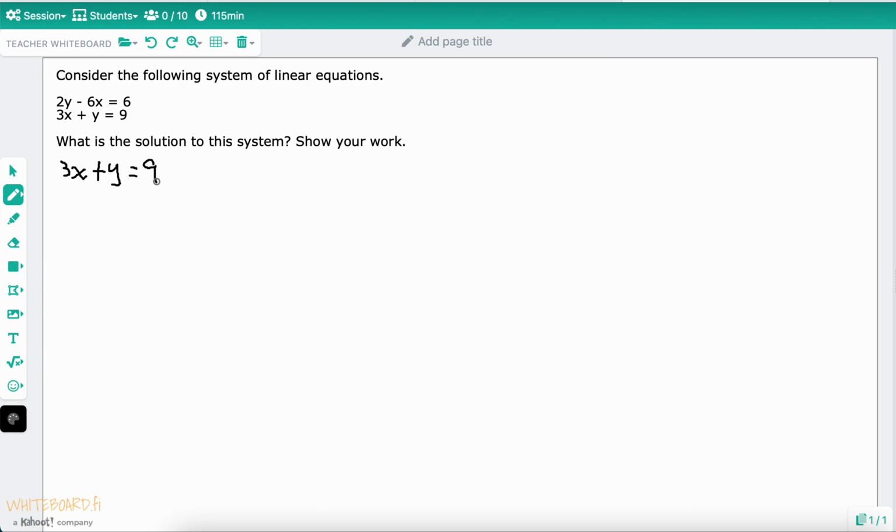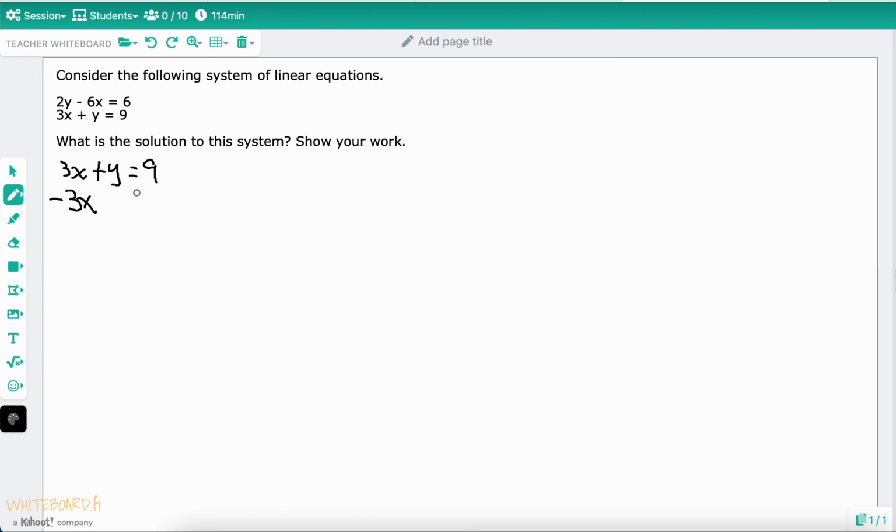So what I want to do is isolate y, which means just solve for y. Looking at this 3x right here, I know that I have to take it away from there because it's being added to the y.